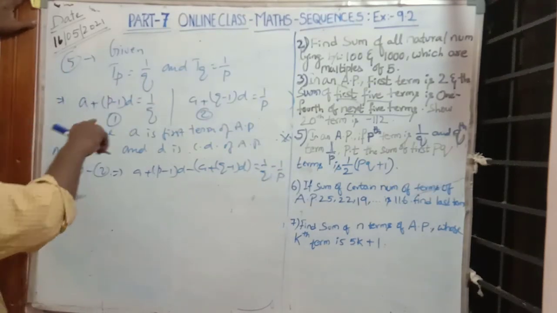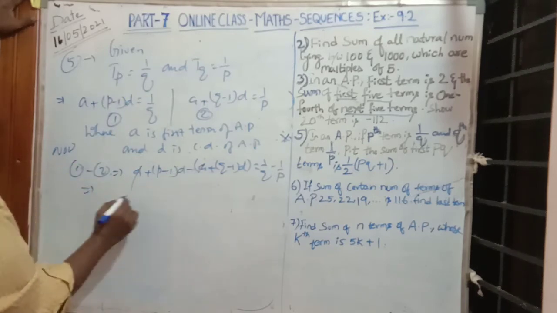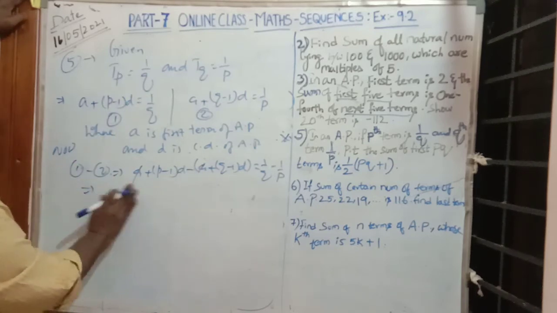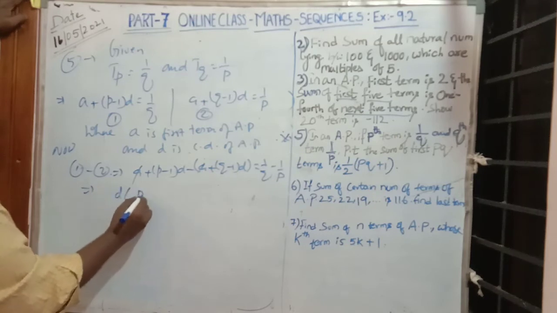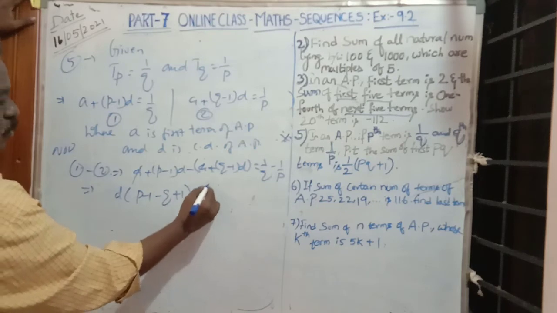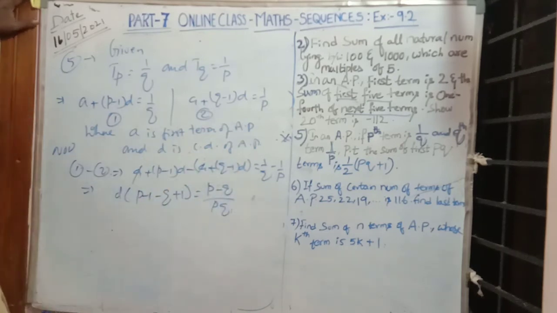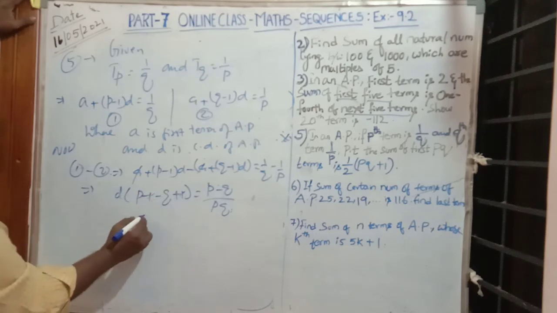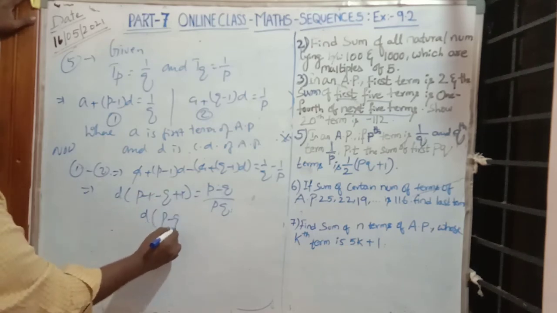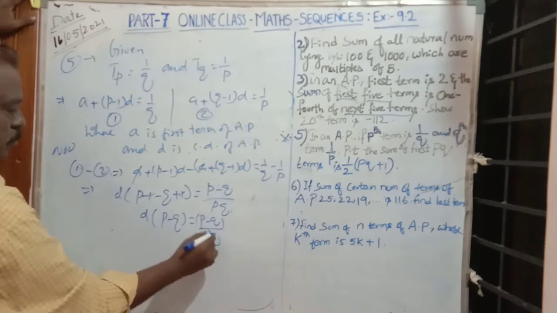Okay, now 1 minus 2, LHS minus LHS, RHS minus RHS. A cancels, D is common, it is (p minus 1 minus q plus 1) is equal to (p minus q) by pq. Here 1 cancels, D of (p minus q) is equal to (p minus q) by pq.